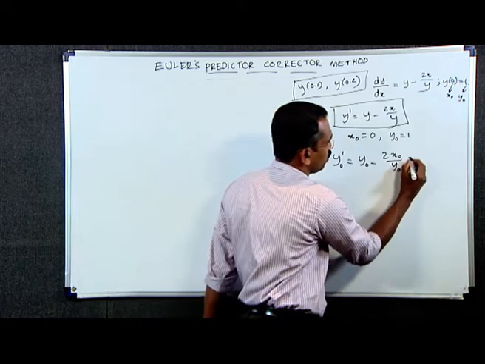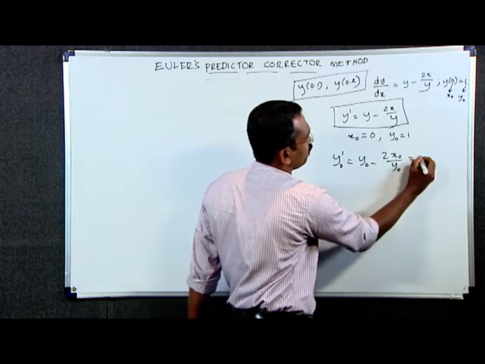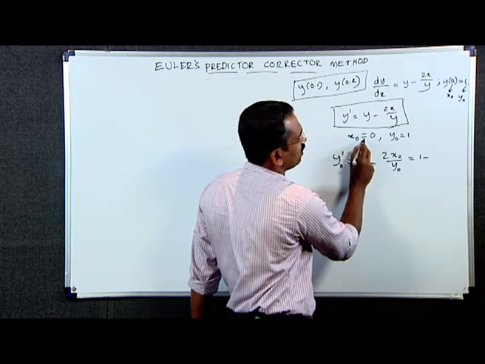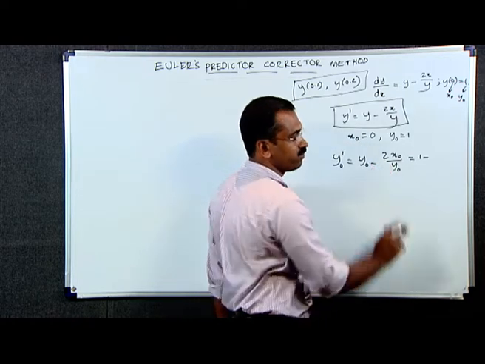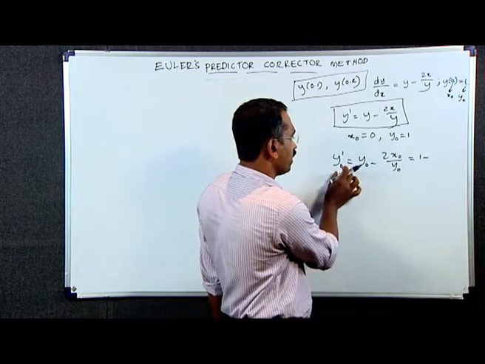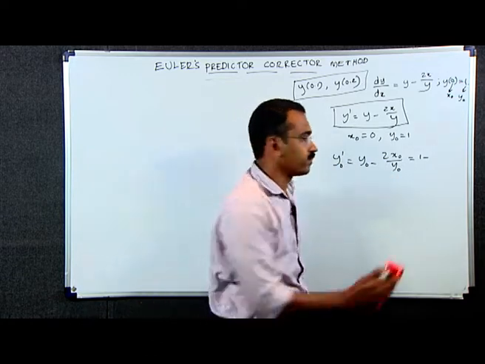Since y naught is 1 and x naught is 0, the second term becomes 0, that is y naught dash is equal to 1.